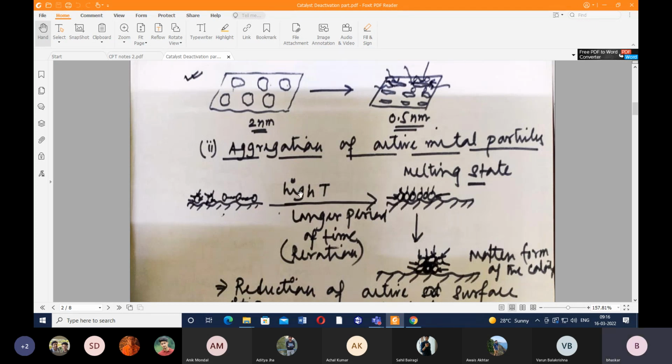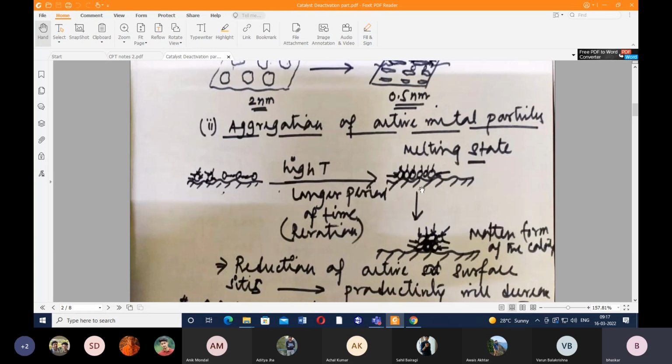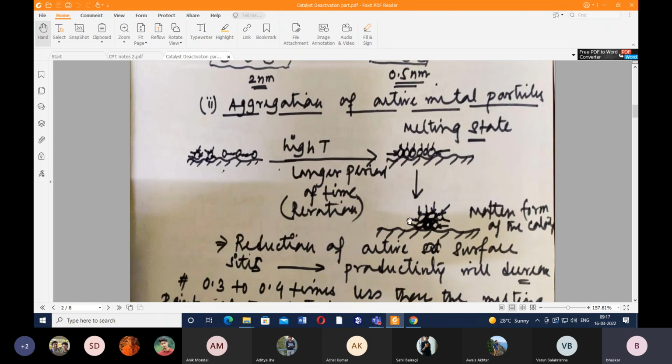But if we are carrying out the reaction at high temperature for a longer period of time, we'll end up with this kind of situation. That means the adjacent particles are in close proximity. So this is the intermediate condition. And what would be our final condition? The final condition will be like this.